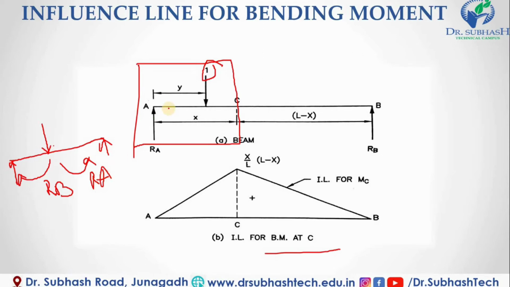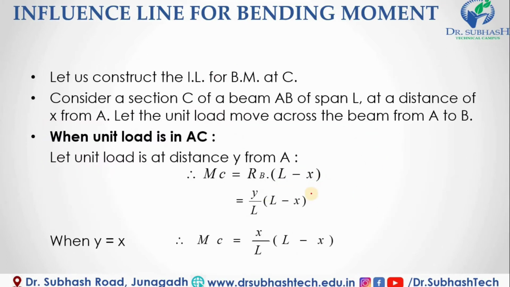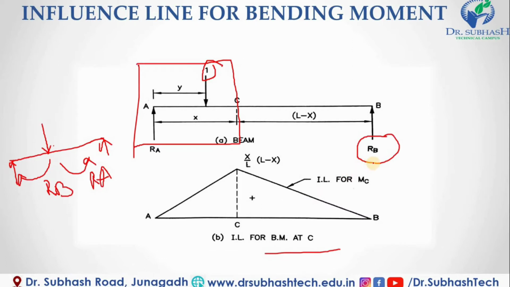Now in the first case, where the unit load moves in portion A to C, it means the load is on the left hand side of the section. So the role is played by RB, RB into distance. This load into distance creates the moment at C. So the load is RB and the distance is L minus x.